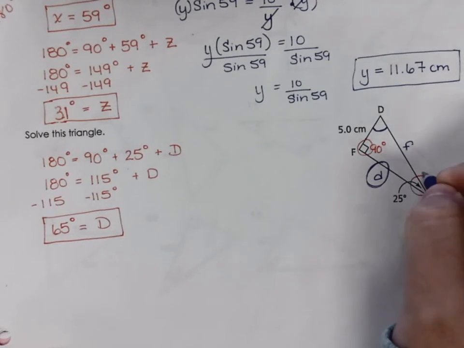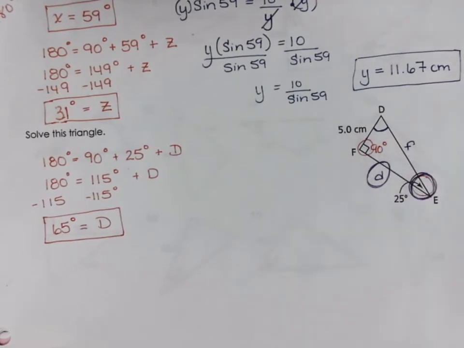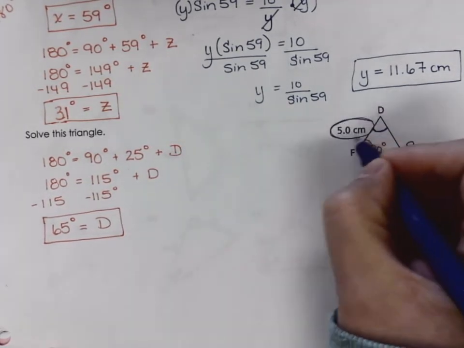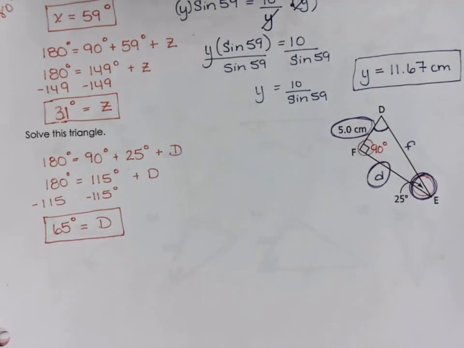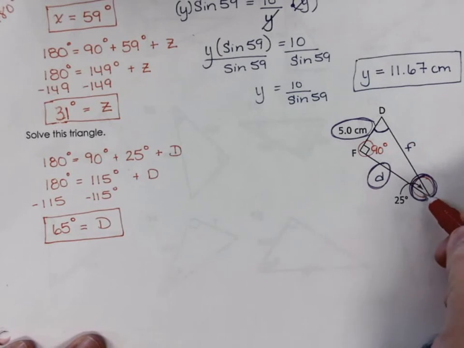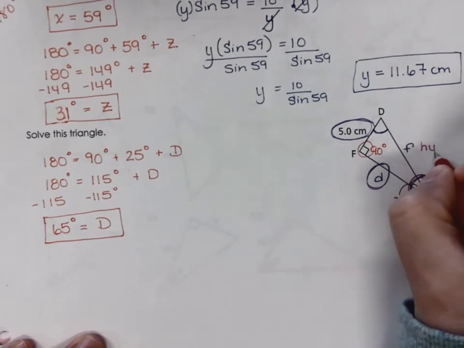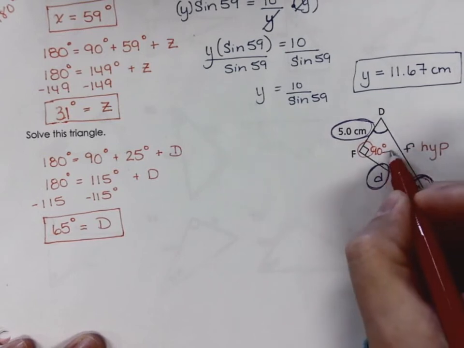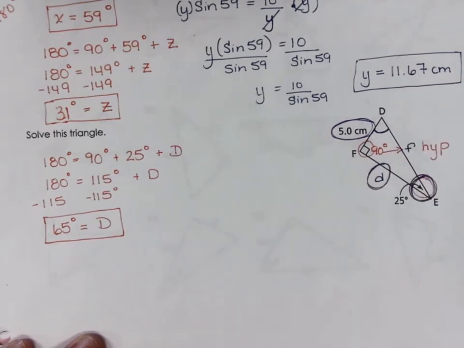So I'm going to use angle 25 and side of 5. Before I can pick my trig formula, I need to figure out what sides they are. So if I'm using angle 25, I know side F is the hypotenuse because it is across from the 90 degree angle.